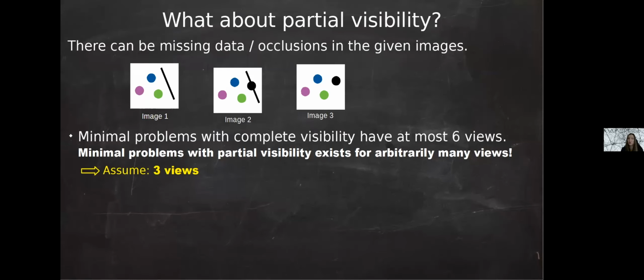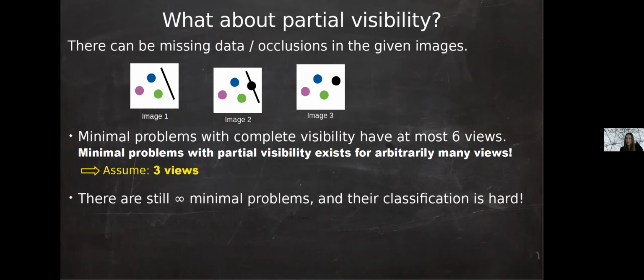So we decided to focus on the case where we have 3 given images. This is also because the case of 2 images is actually kind of easy. So 3 images is the first non-trivial and practically relevant setting. But now, even under this assumption, there are still infinitely many minimal problems, and classifying them seems to be hard.